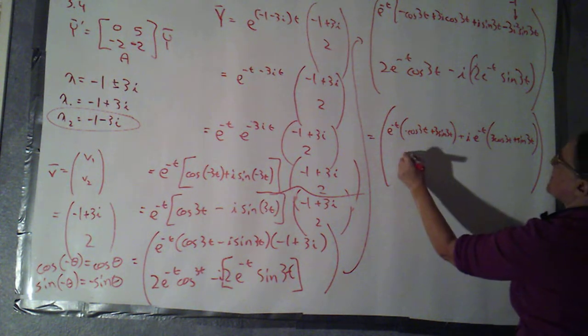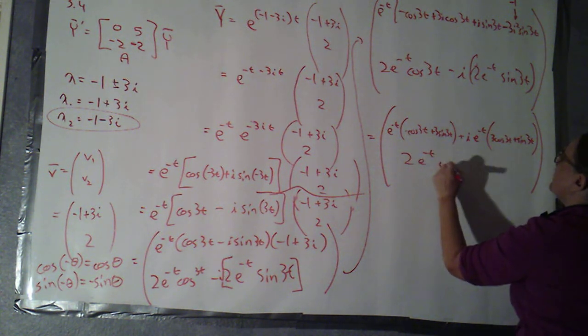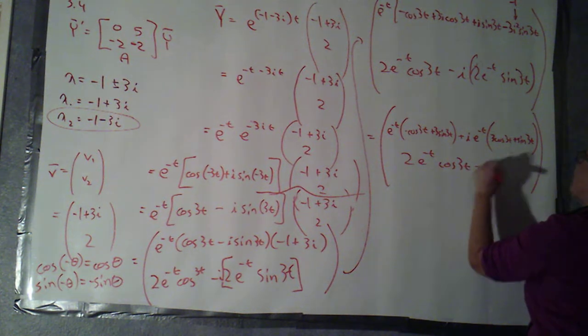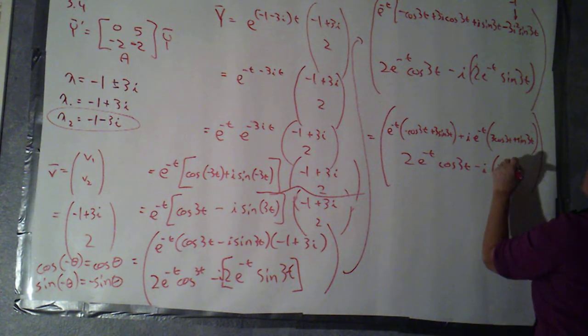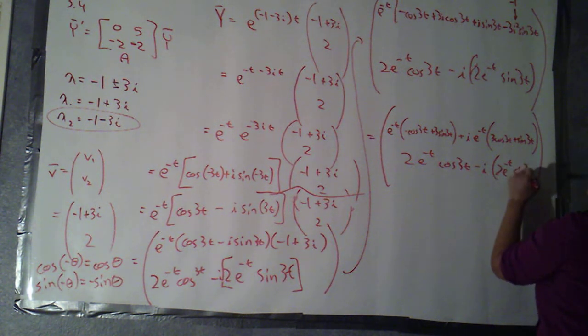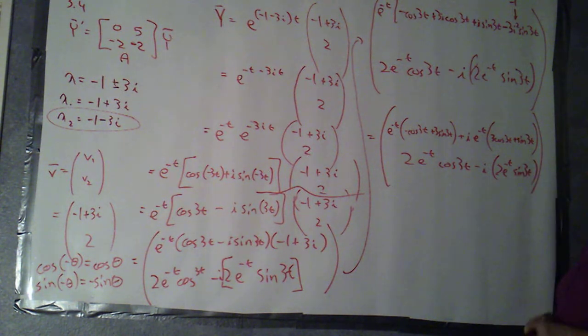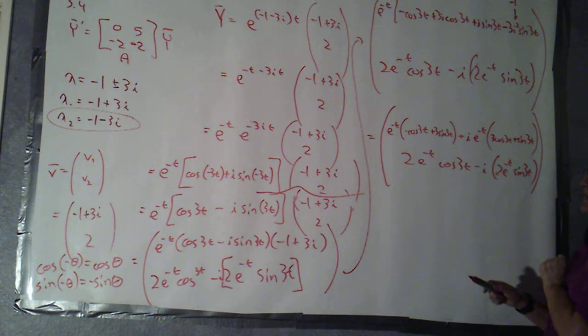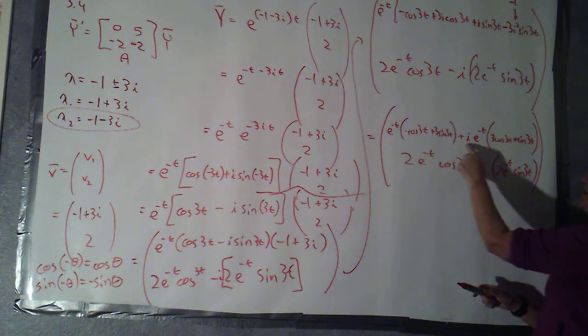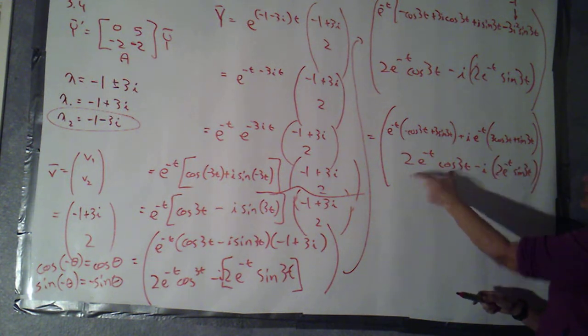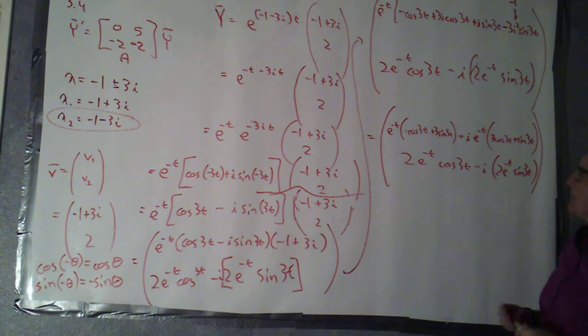And then on bottom I've got 2e to the negative t cosine 3t minus i times 2e to the negative t sine of 3t. All right, so within each component, I've written it as real part plus i times imaginary part, or real part minus i times imaginary part.